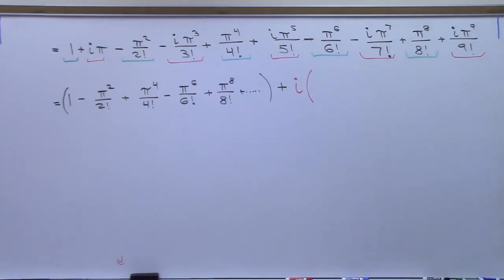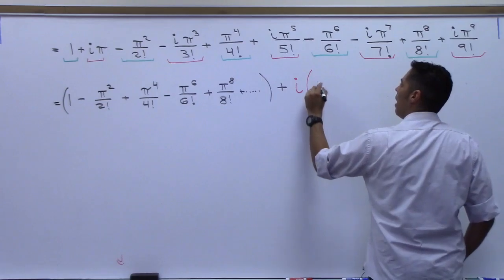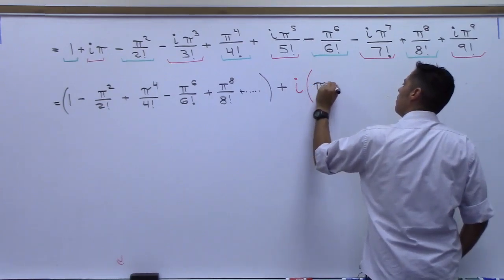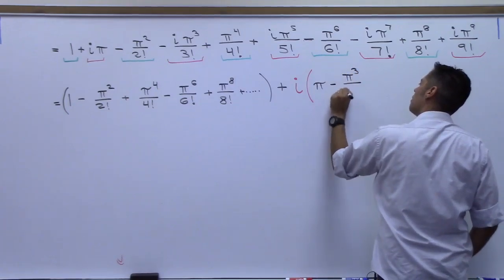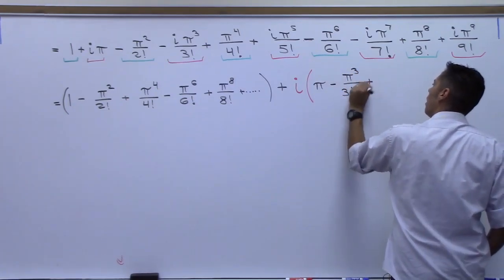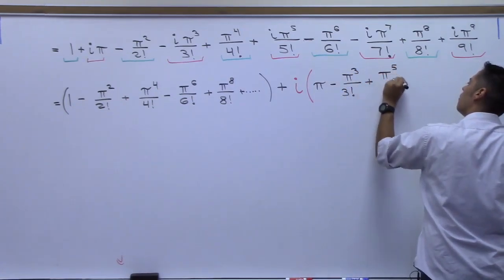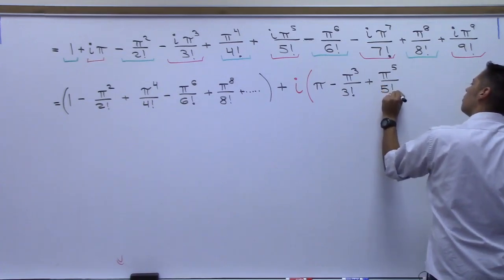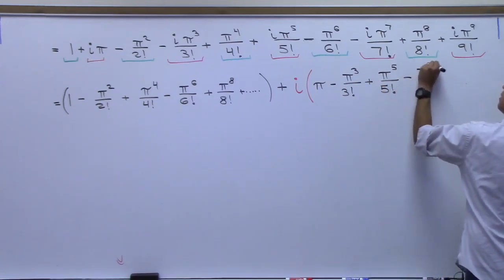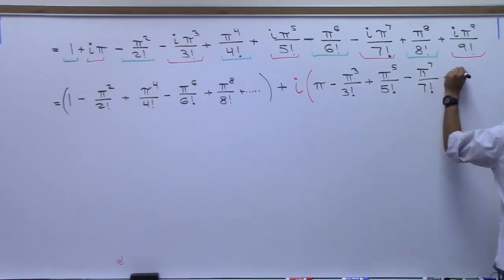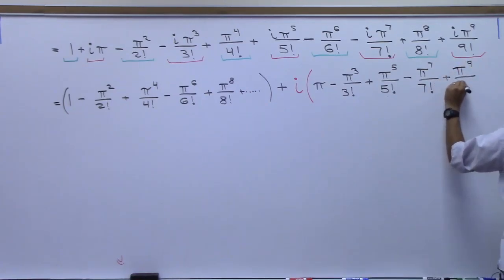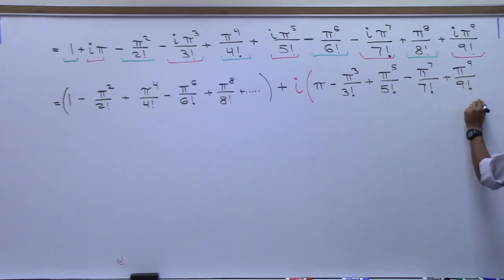Pi minus pi cubed over 3 factorial plus pi to the 5th over 5 factorial minus pi to the 7th over 7 factorial plus pi to the 9th over 9 factorial. You agree? Plus dot, dot, dot.